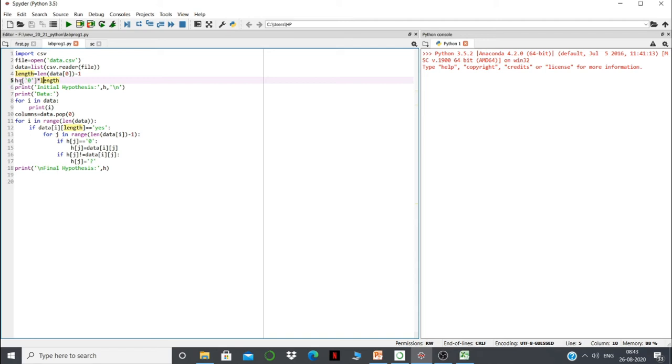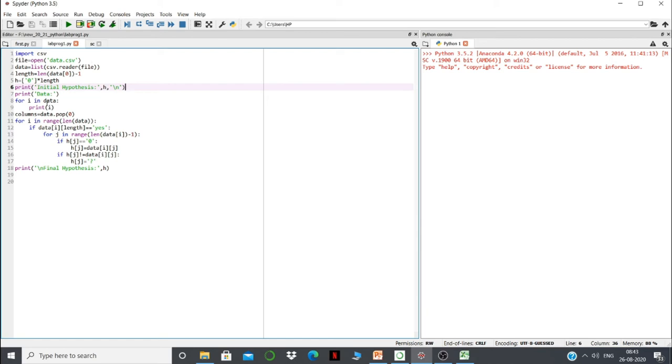Now print that initial hypothesis. So the next step is to print that hypothesis. First we print the most specific hypothesis. The next part here is print data. The complete CSV file is going to be printed.